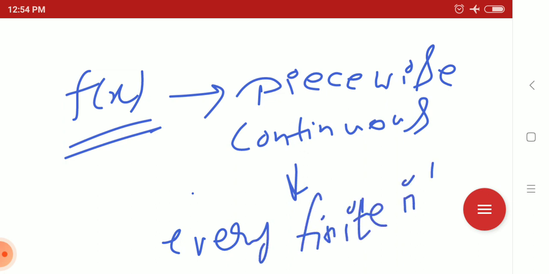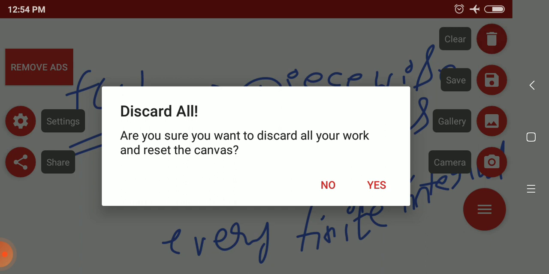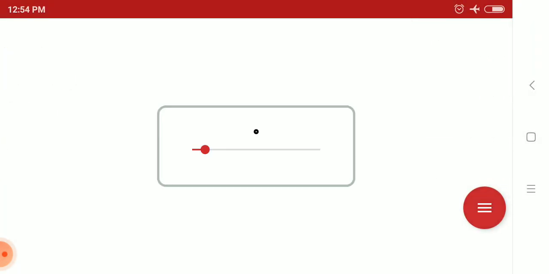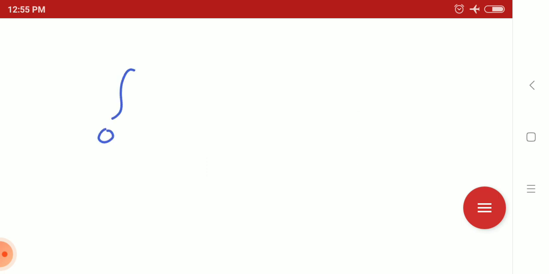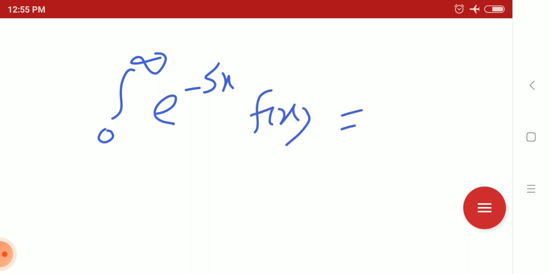So it is the Laplace transformation that if we have a function f of x that is piecewise continuous in every finite interval, the Laplace transformation will give us the integral of e to the power minus s x f of x, which equals L of f of x, the Laplace transformation of that function f of x.